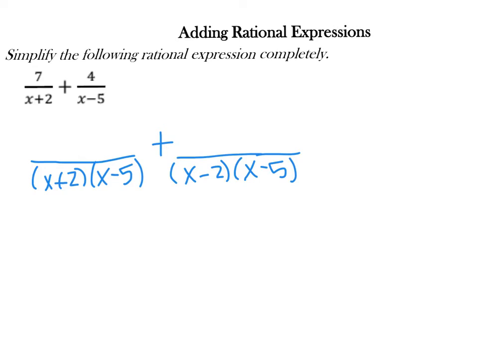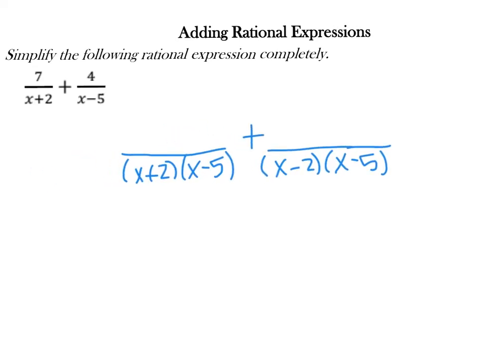let me go ahead and make some space here so you can see. I need to multiply the bottom times x minus 5 and the top times x minus 5. So on the top I have 7 times x minus 5.